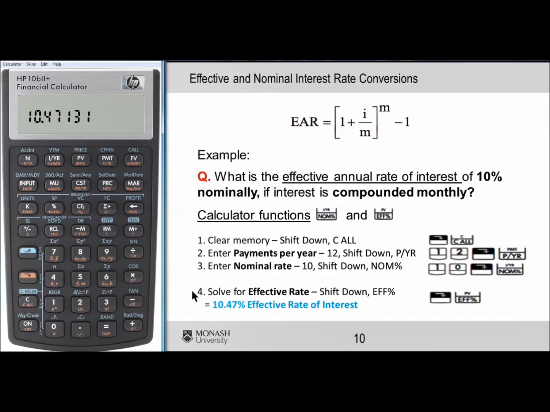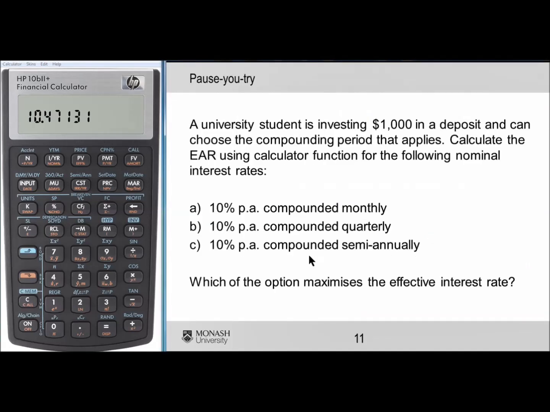And your final answer is the same as what we have manually calculated before. So this is how we convert the nominal interest rate into effective annual rate and vice versa. Now, you can pause the video and try the following questions.